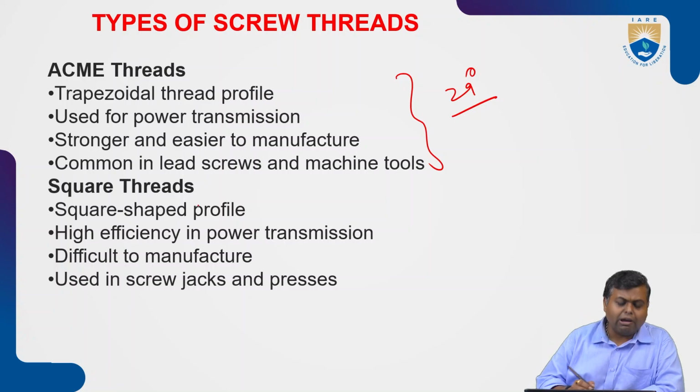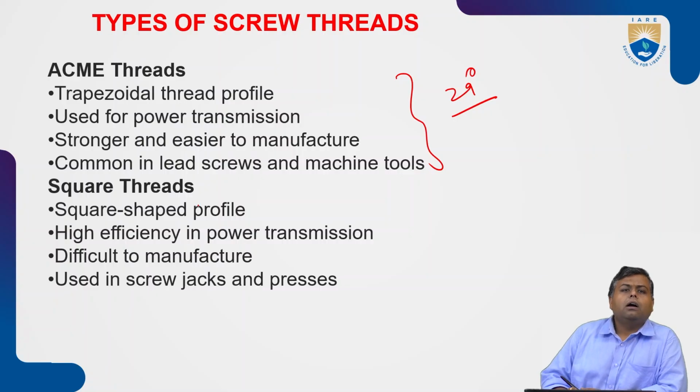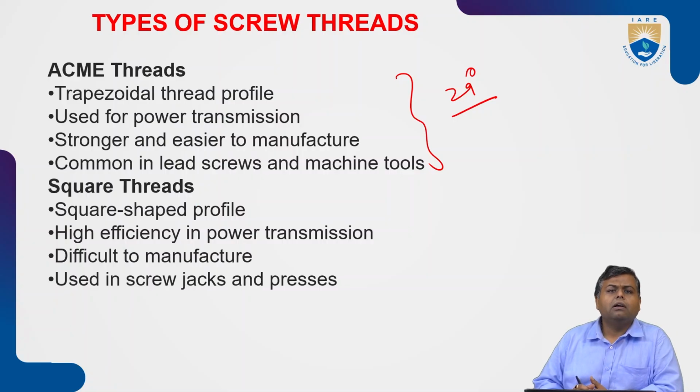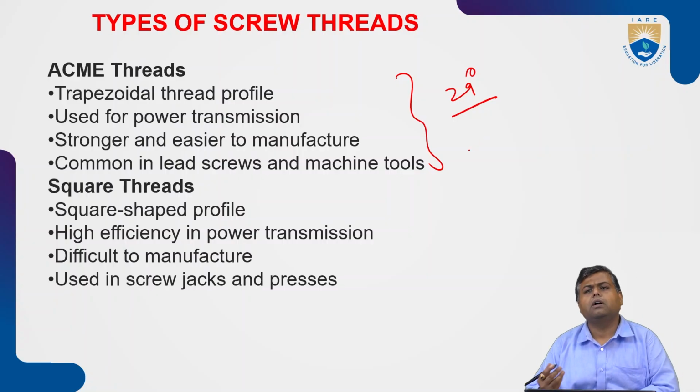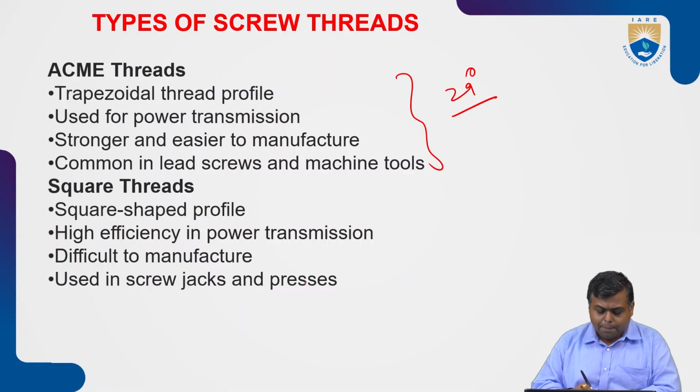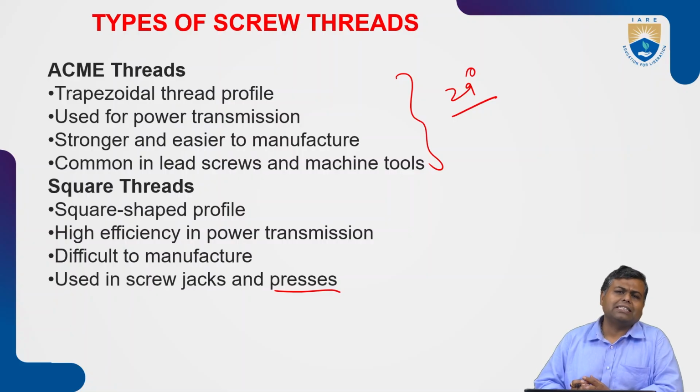The last is square threads. So square threads are very different. So this has different application. Let me tell you, the screw jack we use to lift the automobile has these square threads, and also presses. So if you have a press, coin presses or some sand presses machine, there also they will use square threads.